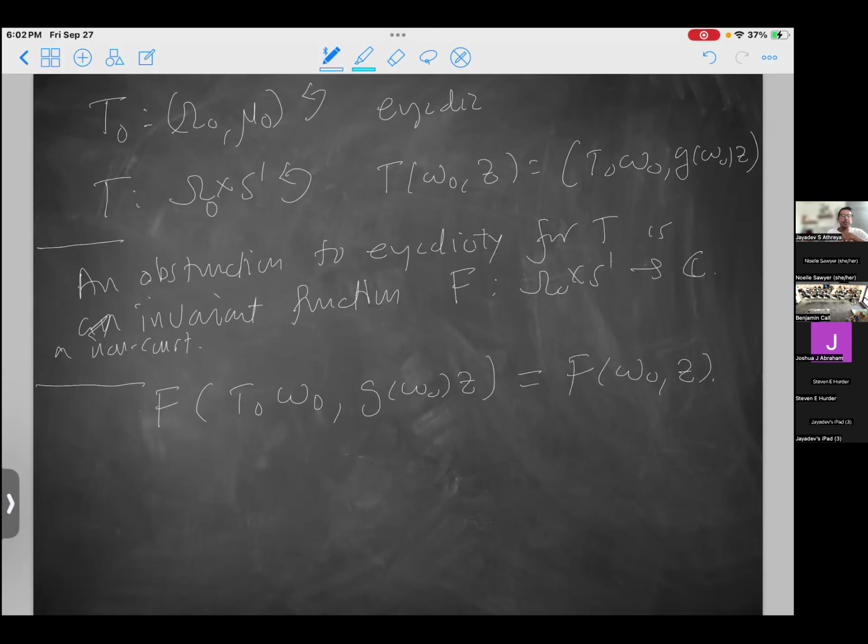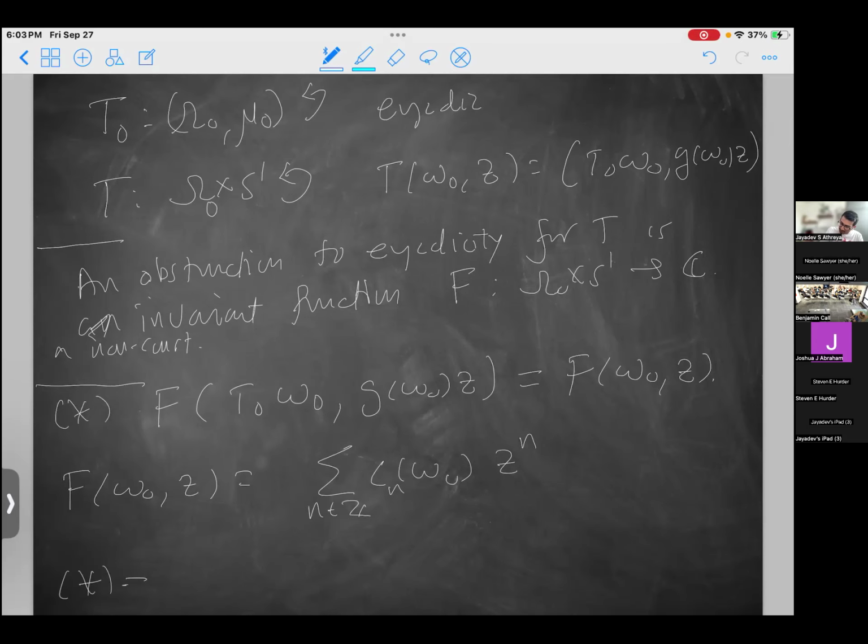But now I have this S1 factor, and I really understand S1 very well. In particular, I can write f of (omega 0, z) as a Fourier expansion, as a sum over all integers n of some Fourier coefficient C_n, which depends on omega 0, times z to the n. This is the Fourier expansion on the circle. But Fourier coefficients are unique.